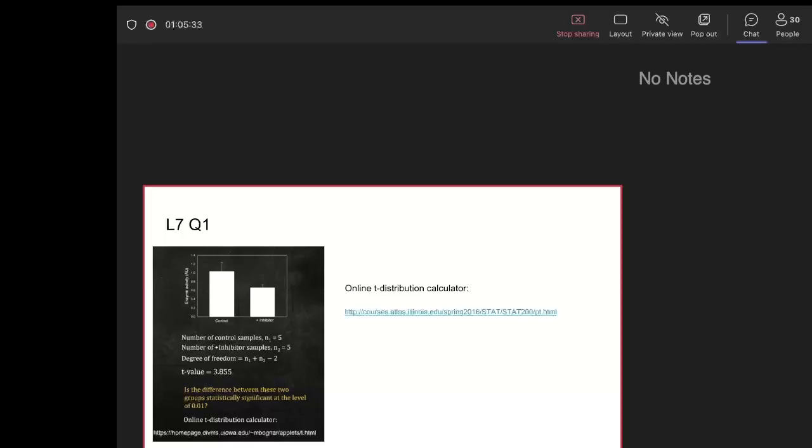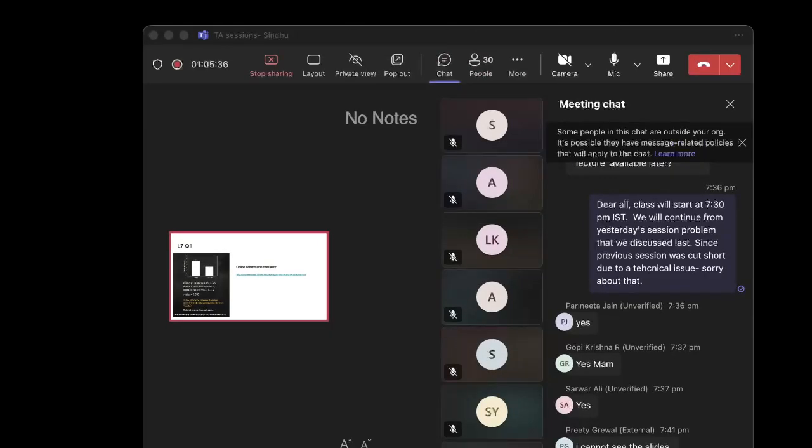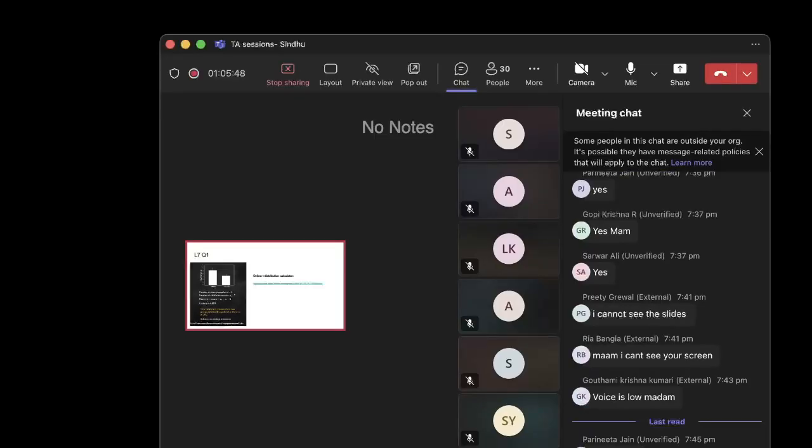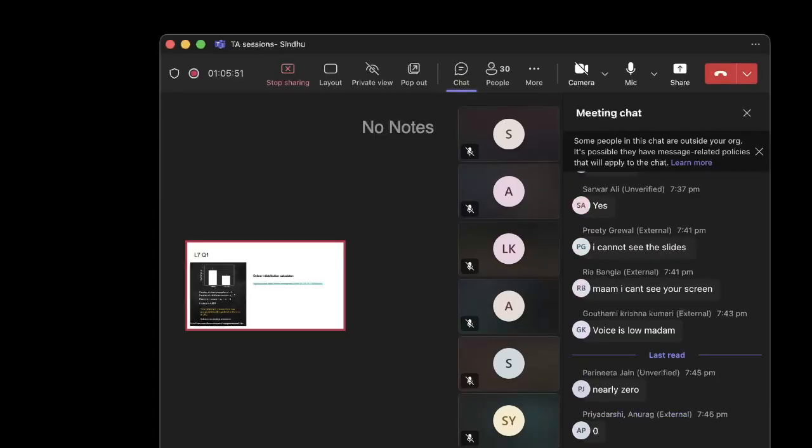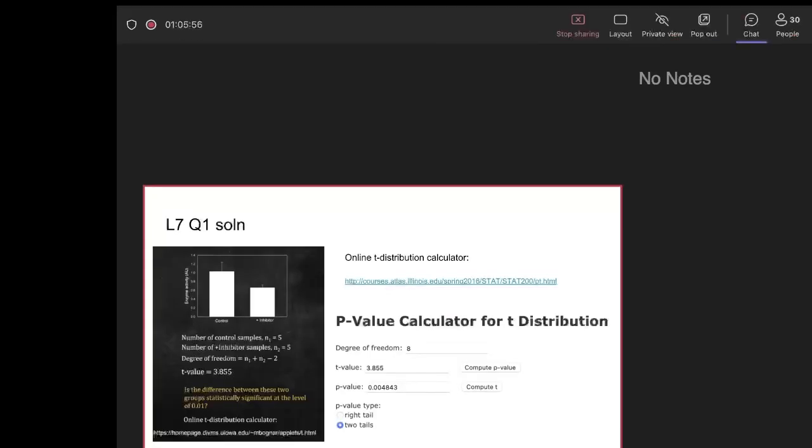I'll just copy paste the link so you can also try it. I have pasted the link in the chat box. You can do it along with me. So you can go to the link here, and if you open the link, you will get a calculator of something like this.